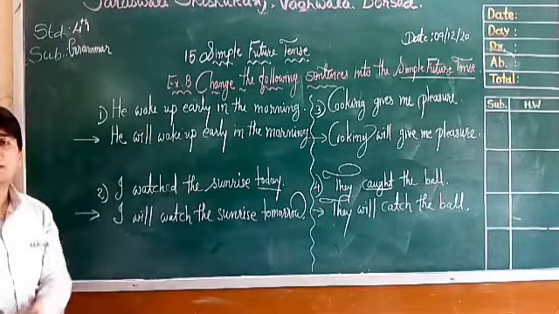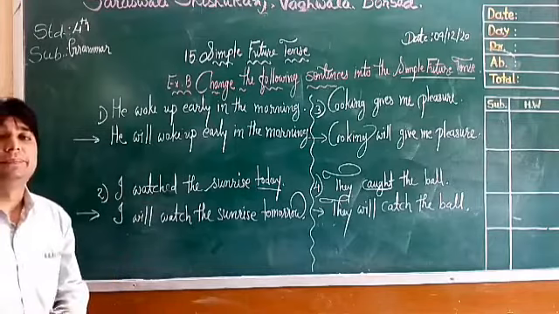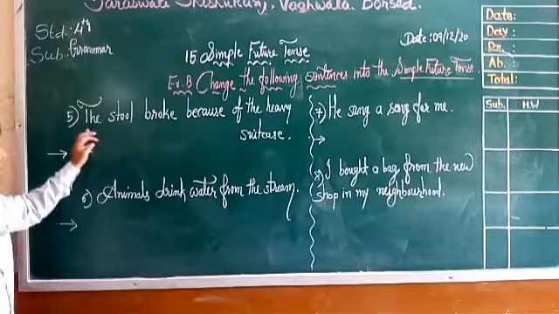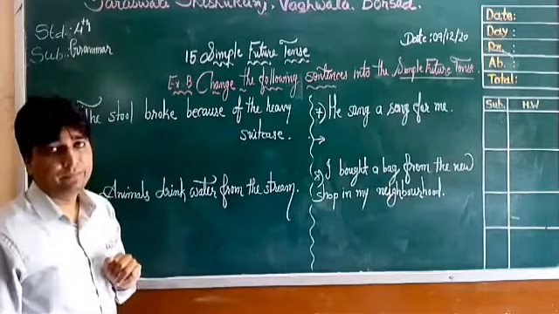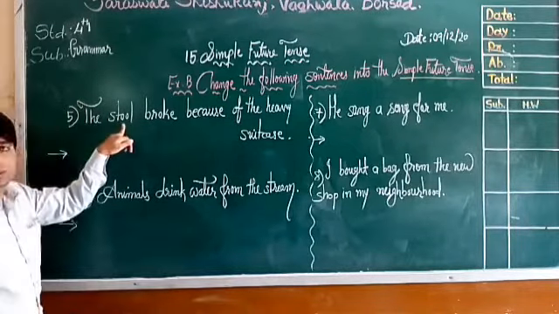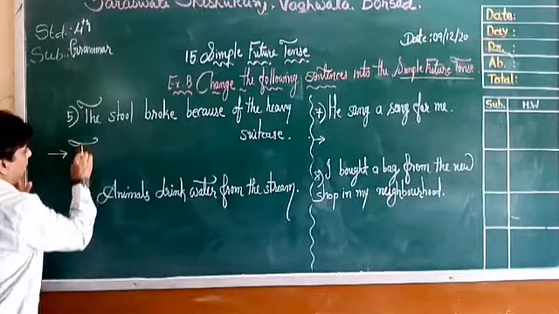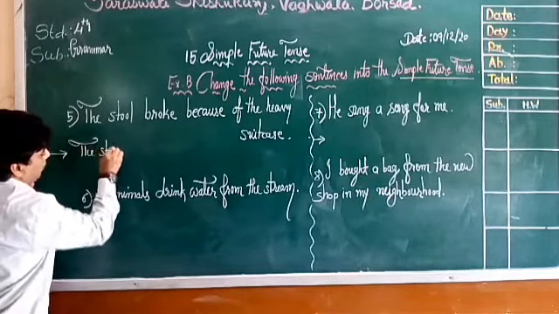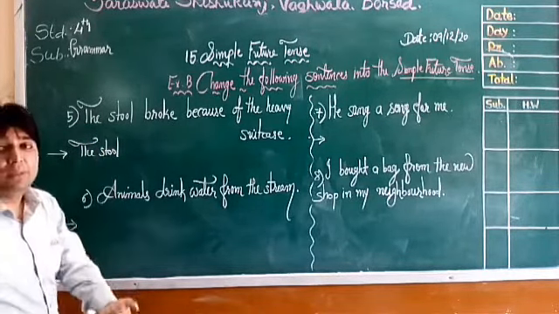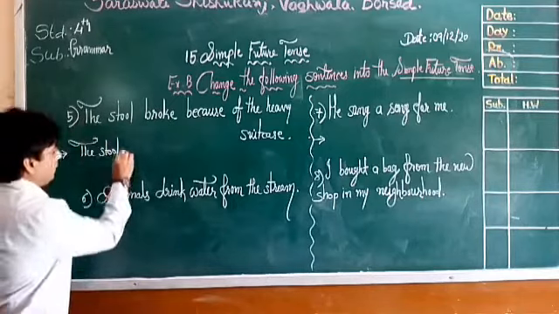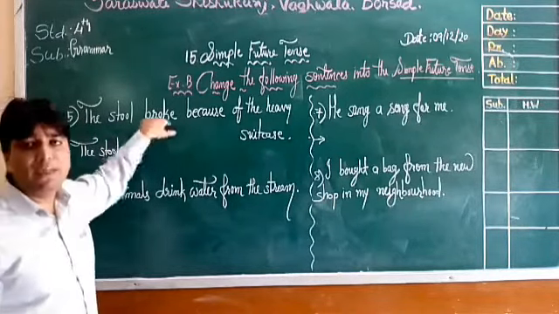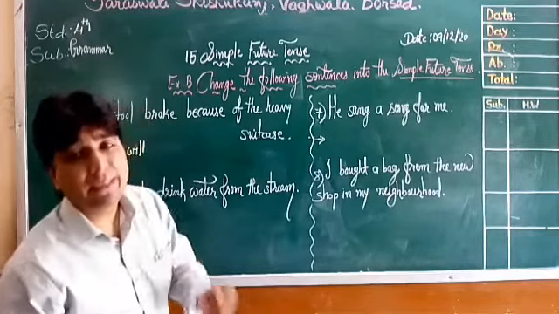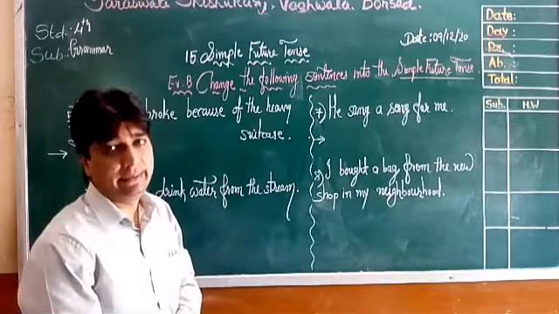Now, another 4 sentences are there. Let's see. Number 5. The stool broke because of the heavy suitcase. The stool is the subject. The stool, immediately afterwards, will. The stool will. Right? Broke is the past form. What is the present form? We all know, which is very easy.